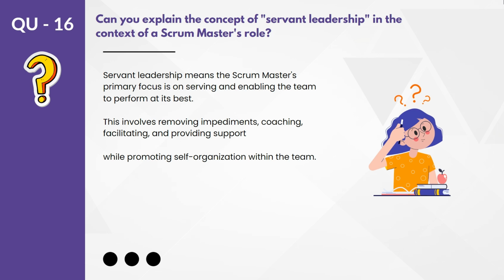Sometimes they need collaboration from an external team, meaning outside the Scrum team but within the organization. For those collaborations, you should take the lead to help them get their things done. This involves removing impediments, coaching, facilitating, and providing support.